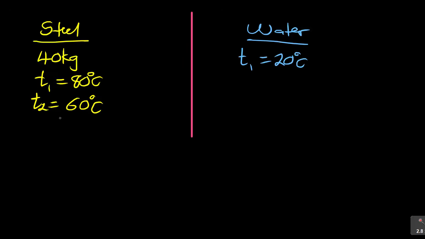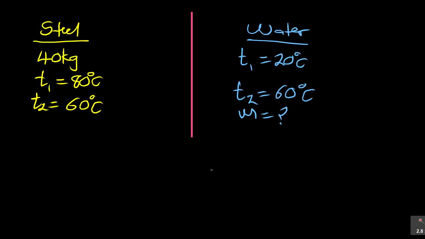So it was from 80, the final temperature was 60. But for the water, it increased from 20. And T2, they're saying the whole mixture was now 60 degrees, meaning the temperature of the steel and the temperature of the water was that. So the question here wants us to calculate M.